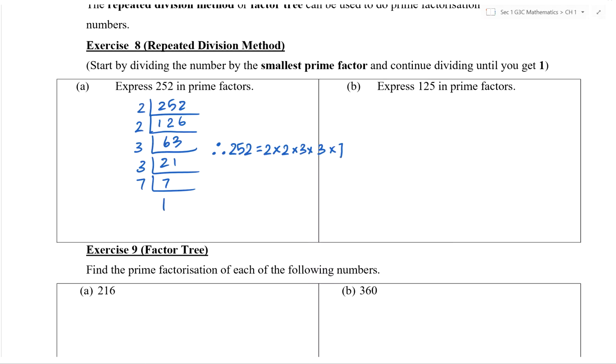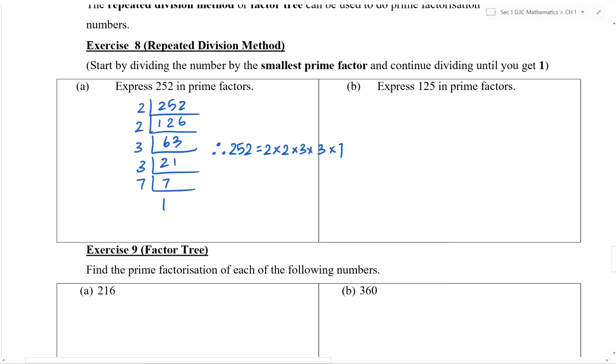Okay, and then if you look at this, my numbers, they are arranged in ascending order, smallest to biggest. And now the small numbers will come together first, right? I won't have a 2 times 3, then suddenly times 2 again, then times 7 times 3. Why? Because I did things very neatly. How do I do it neatly? I always divide by the smallest possible prime number.